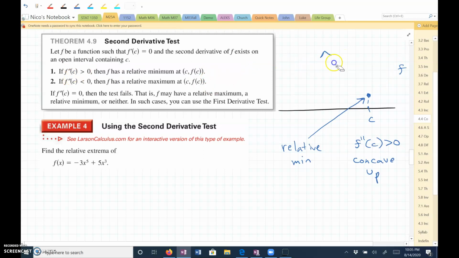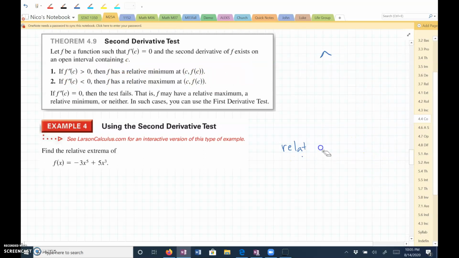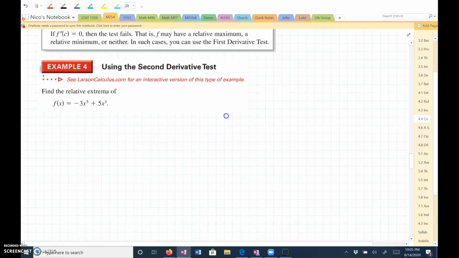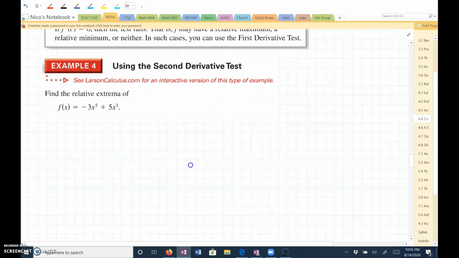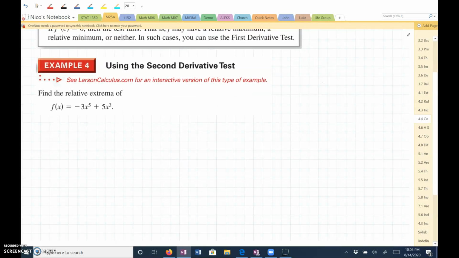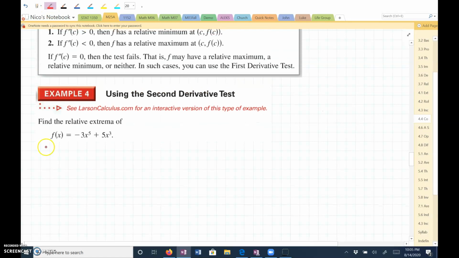Let's try the second derivative test here. We want to use the second derivative test to find the relative extrema, the relative mins and maxes. So first of all, we're going to find the critical numbers. To do that, we take the first derivative, which would be negative 15x to the fourth plus 15x squared.